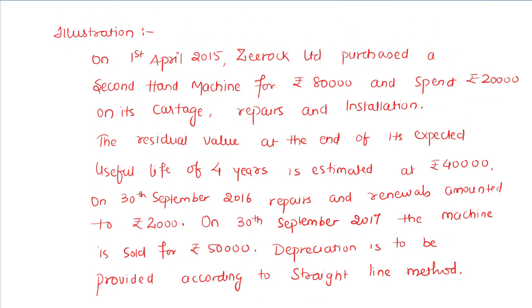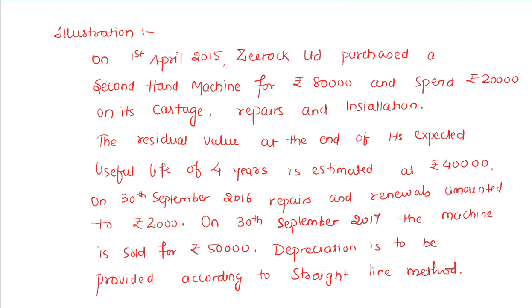I believe you must have understood the illustration. Kindly read it once more. On 1st April 2015, Xerox Limited purchased a second-hand machinery for rupee 80,000 and spent rupee 20,000 on its cartage, repairs and installation. The residual value at the end of the expected useful life of 4 years is estimated at 40,000.